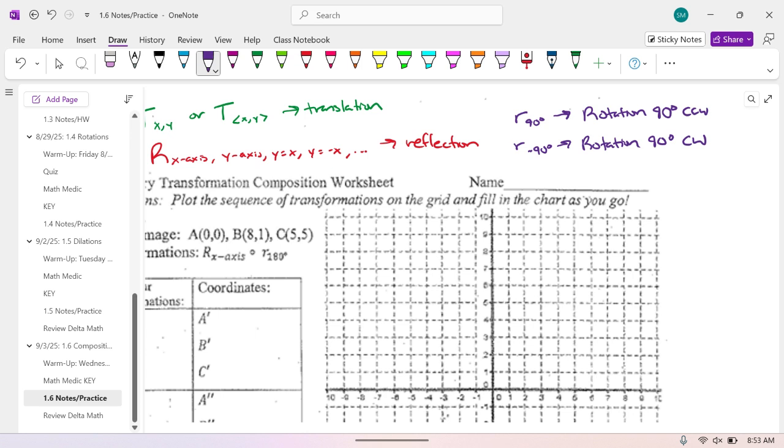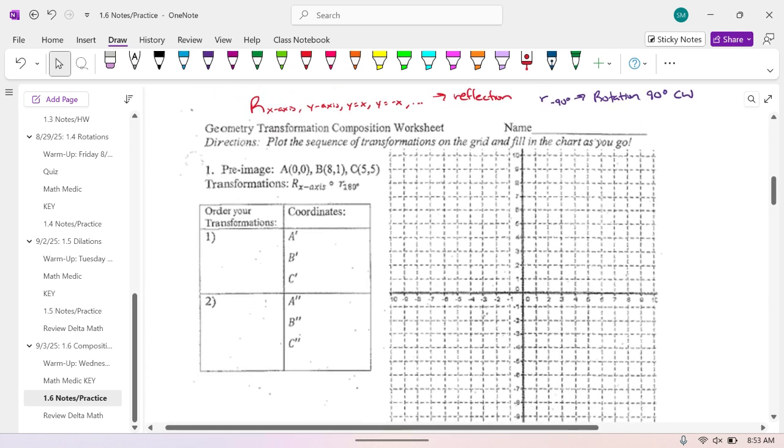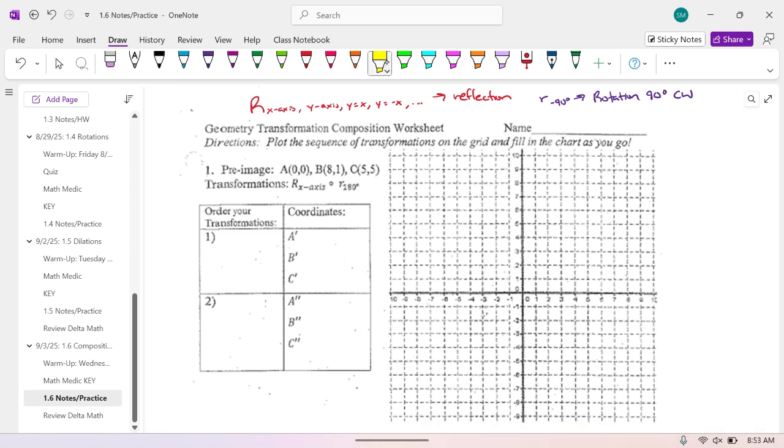All right. Now, go ahead very quickly and plot your pre-image for number 1. So your pre-image is ABC.